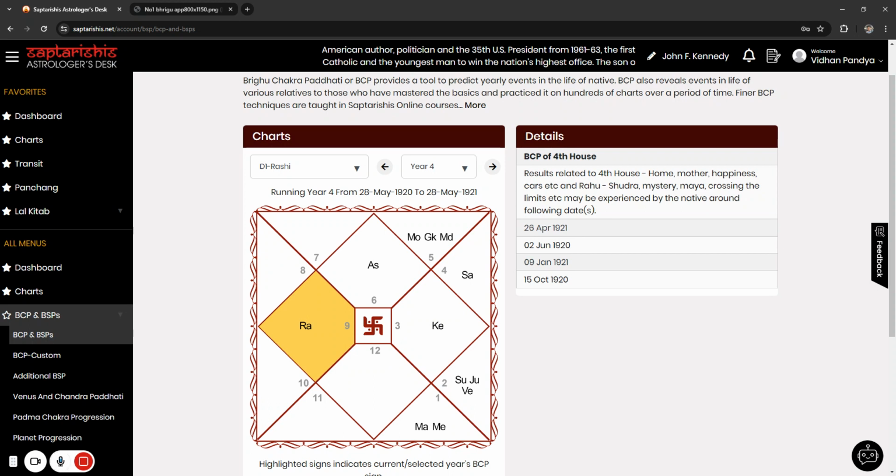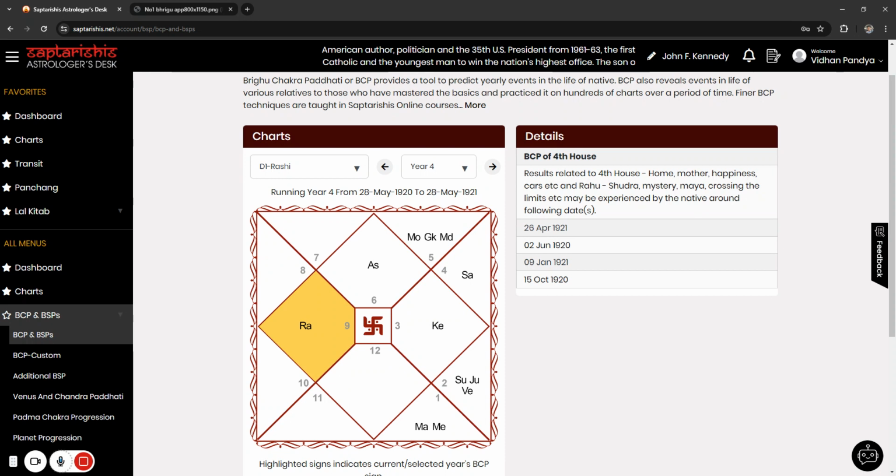There may have been a change in home, right? Because we are talking about crossing the limits, crossing the boundaries. There may be some renovations happening in the home. There could be something to do with the car, something to do with the conveniences, something to do with the vehicles. Maybe his father bought a vehicle, we don't know.